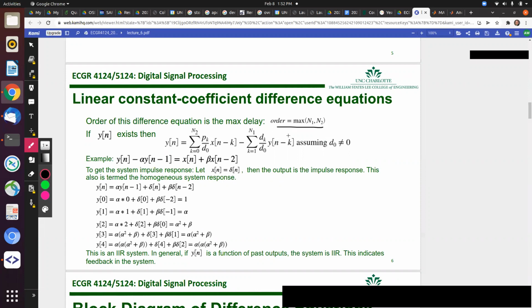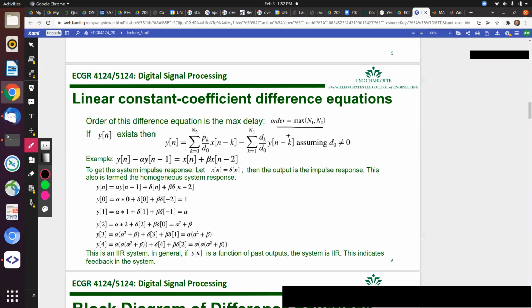And what's the highest shift in that? 1, right? Because you have x of n minus x of n minus 1. So the shift there is 1, and the order of that equation is 1. If you continue that analogy for a difference equation out to arbitrary shifts, the order becomes the maximum shift in the equation, either in y or in x.